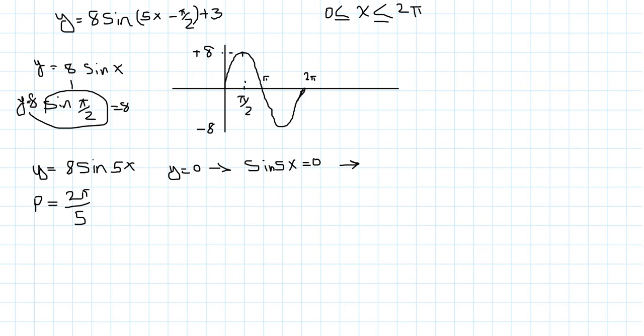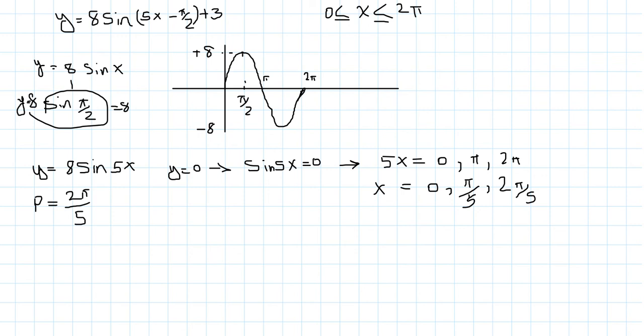We know 5x should be equal to 0, pi and 2 pi. Okay, it is 5x now. X is how much? X is all divided by 5: 0, pi over 5 and 2 pi over 5. What does it mean? It means my graph will finish at 2 pi over 5. And it has intersection at 0, pi over 5 and 2 pi over 5.